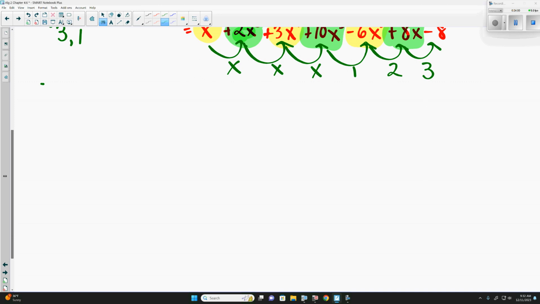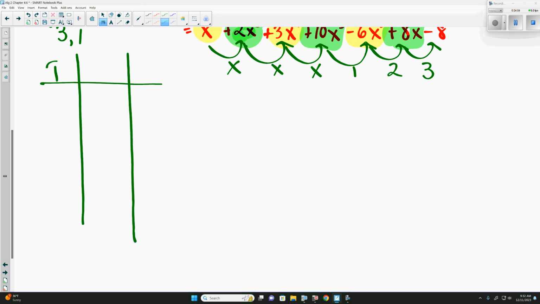Now, normally, when I do these, the way I first start off is this. It's going to be a chart. The way that we do Descartes' rule of signs will always be in this chart form. And I have a feeling most of y'all can take a guess at what P and N stand for. Positive and negative.